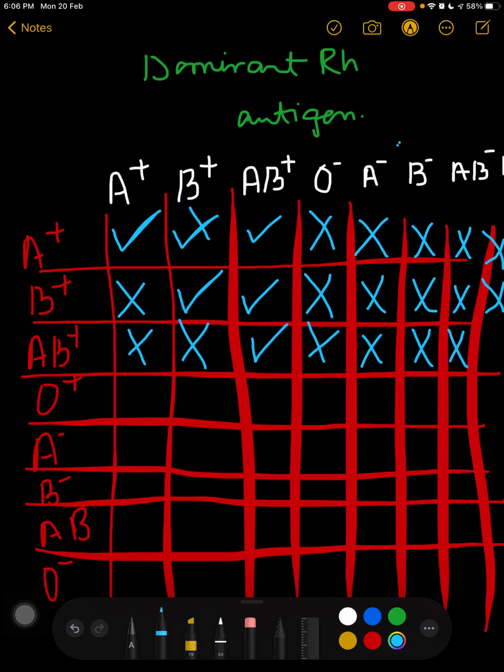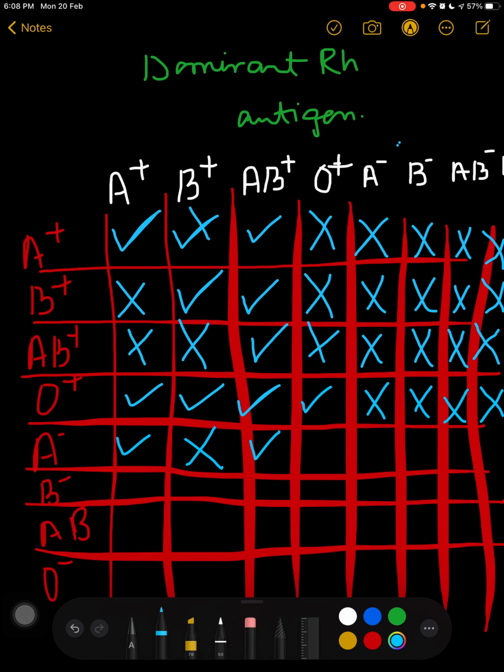A positive doesn't have antibody against Rh, right? So I guess it can give. It can't give to B. It can give to A, B. It can't give to O, but it can give to A and not to B. It can give to A, B, right, but not to O.